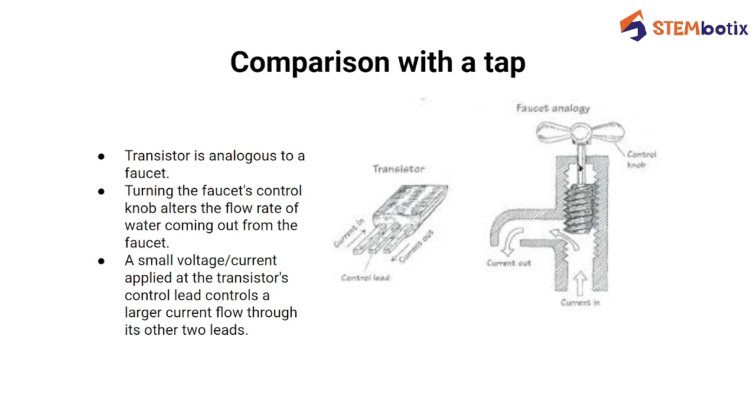When you apply some current or voltage at the base or center pin of the transistor, it can alter, or amplify, or control the current through these two terminals. So current in this particular pin can control or amplify the current in the circuit, or you can say in the output.